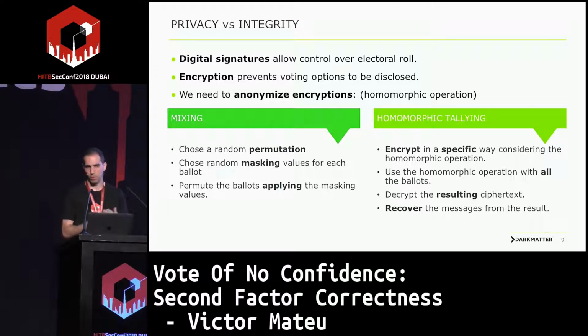So usually, because of the importance of this step, this permutation and re-encryption is done by several parties. So even though we have some colluding parties, if at least one of them is behaving properly, you know for sure that the votes are anonymized.